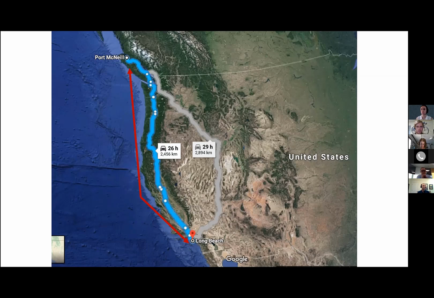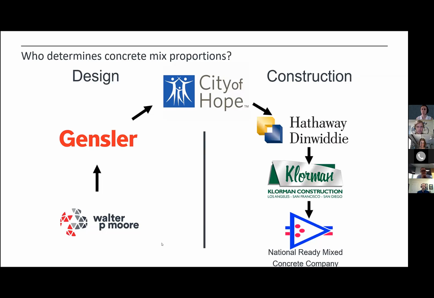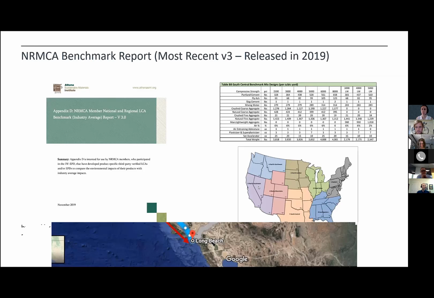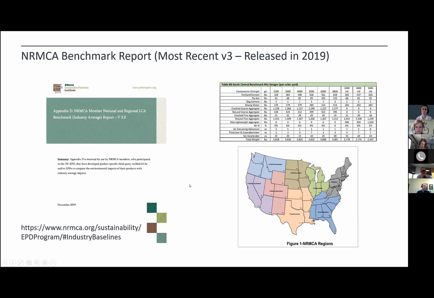The other piece, as we're looking at these comparative reductions, is to make sure that we are measuring from an appropriate baseline. For our project, we used both the National Ready Mixed Concrete Association report. At that time, it was the version 2 report.